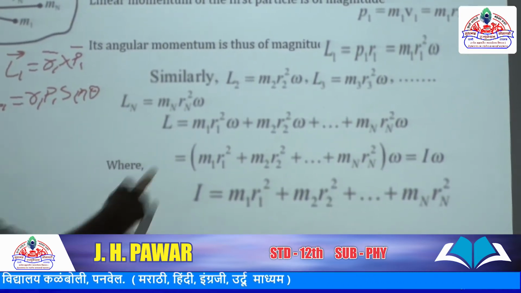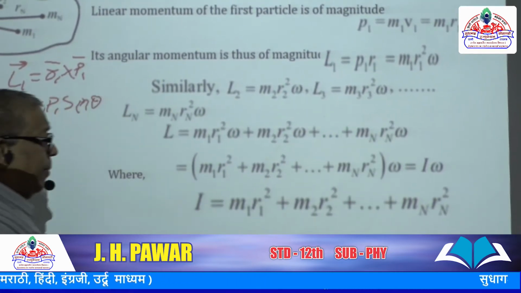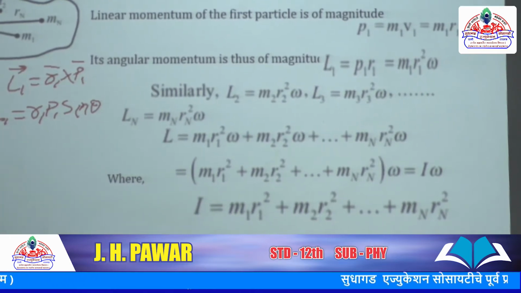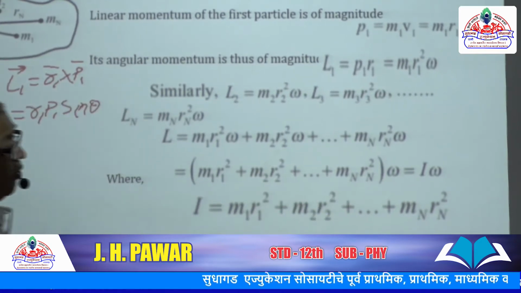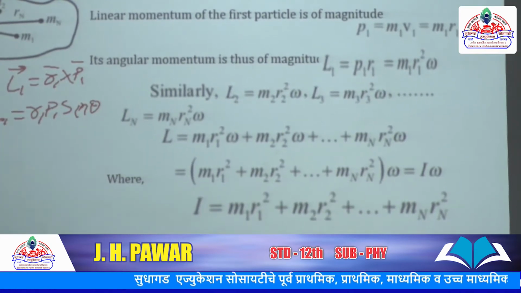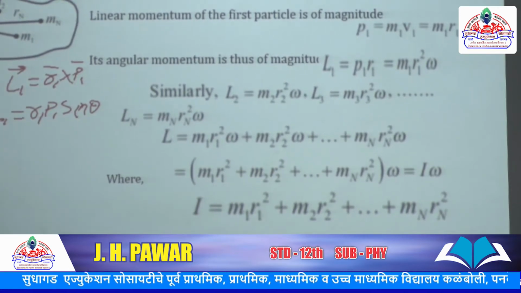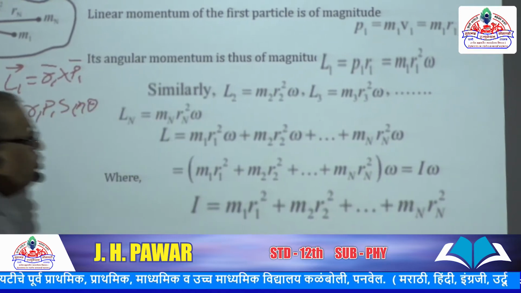In this case omega is a common factor. Taking it common, the remaining term is m1 r1 square plus m2 r2 square plus up to mn rn square. Let us consider this quantity as I.